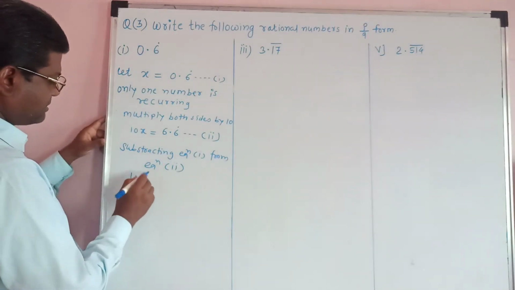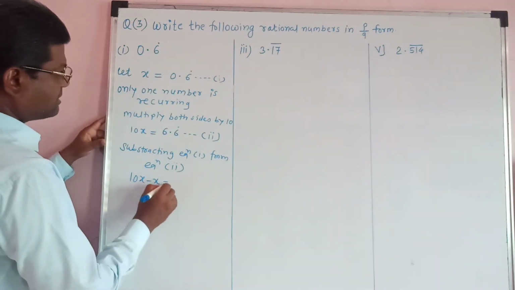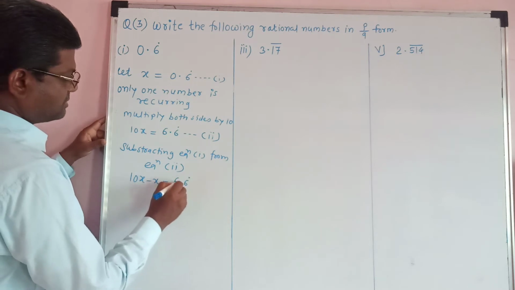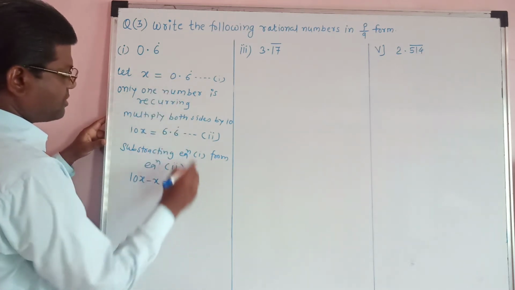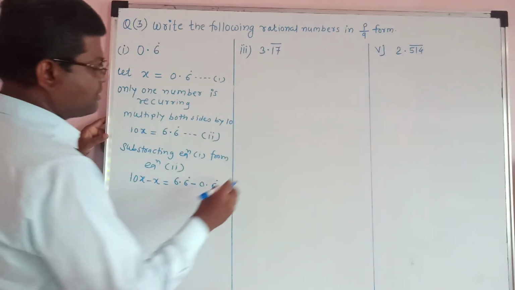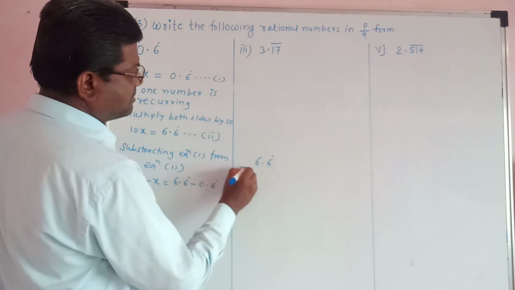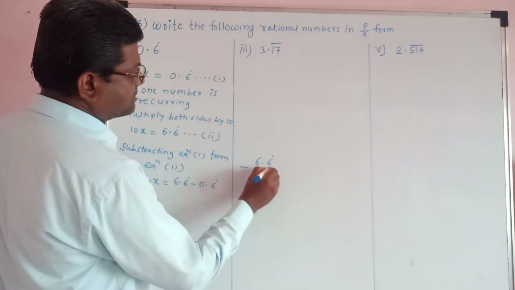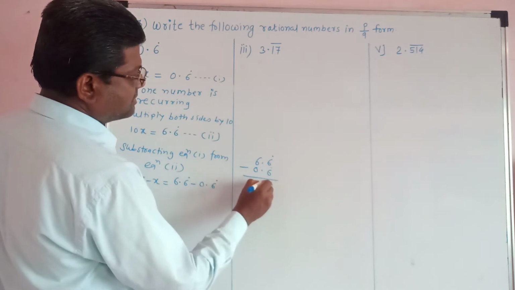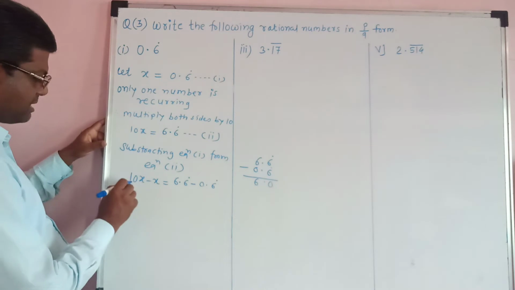Therefore 10x minus x is equal to 6.6 dot minus 0.6 dot. Now let us see 6.6 dot minus 0.6 dot. The recurring 6 will get cancelled. 6 minus 0 will be 6 there.